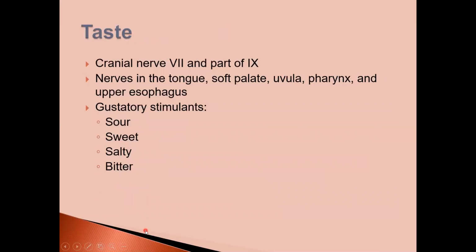And then there's taste, and that's served by cranial nerve number 7 and part of number 9. There are nerves in the tongue, soft palate, uvula, pharynx, and upper esophagus. The gustatory stimulants include sour, sweet, salty, and bitter, all parts of your tongue that you're probably familiar with.